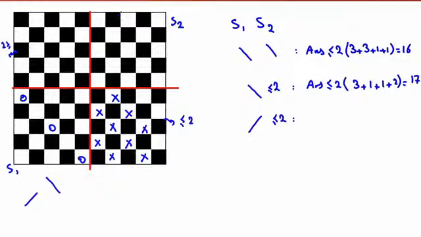So let me erase. Okay, so here S1 is like this, and S2 is at most 2. So let's see here, it removes which cells? It removes this one, this one, and here it removes this one like this.